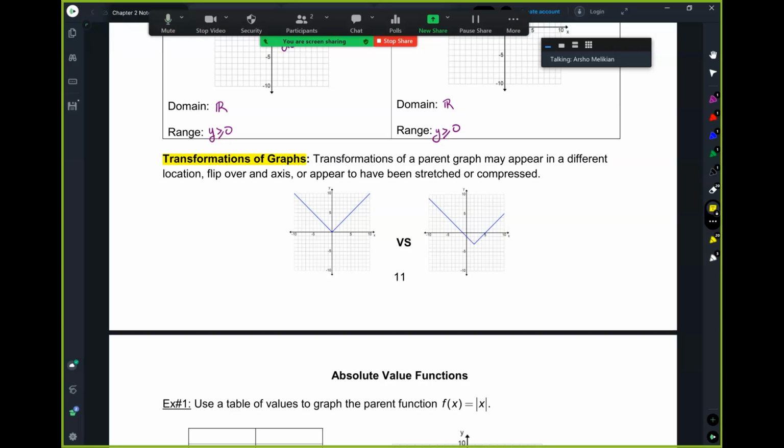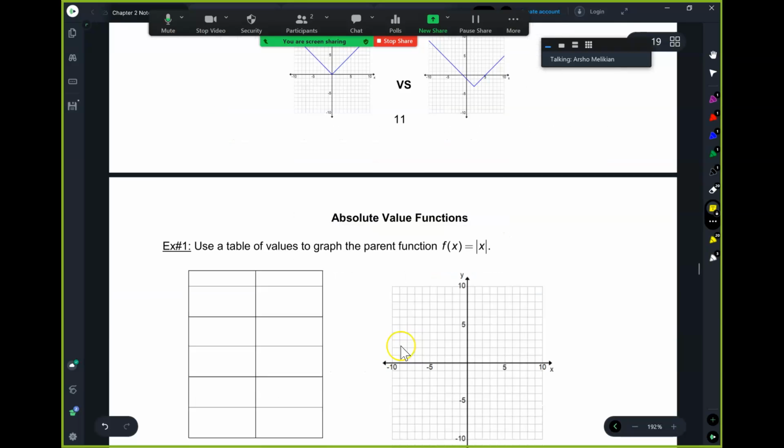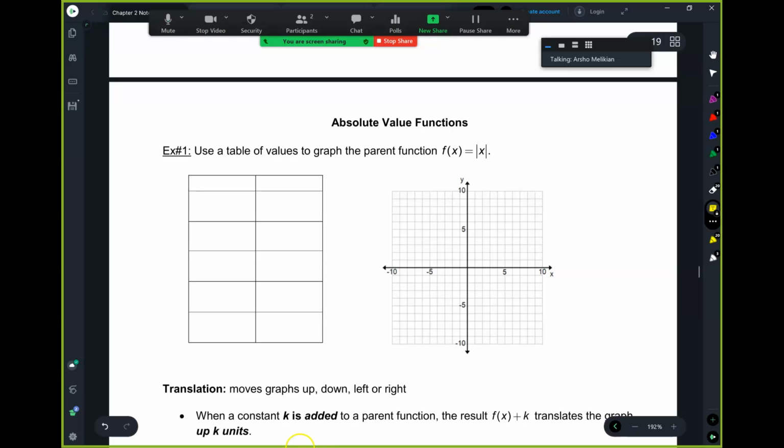It could move it left, right, down, and so on. So take a look at this one here. The one to the left is the parent function. And then do you see the one to the right? It has been moved over and down a little bit. That's a transformation.